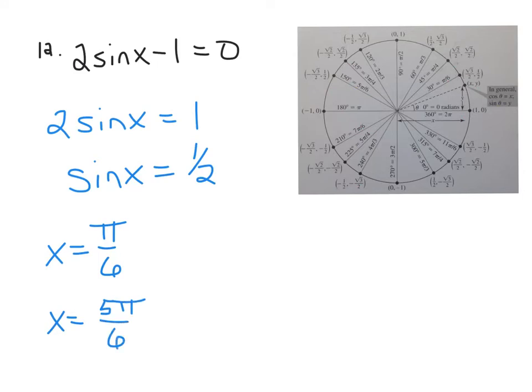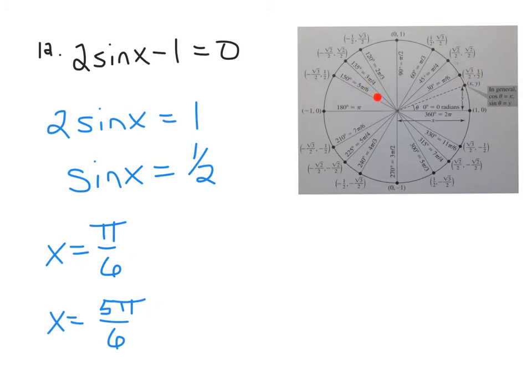Sine of pi over 6 gives us 1/2, and sine of 5 pi over 6 gives you 1/2 also. But that's not quite the answer, because you can spin around the unit circle as many times as you want, and every time you get to pi over 6 or its equivalent, the answer would be 1/2. So we're not done with these answers yet.